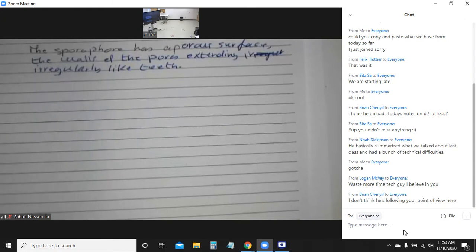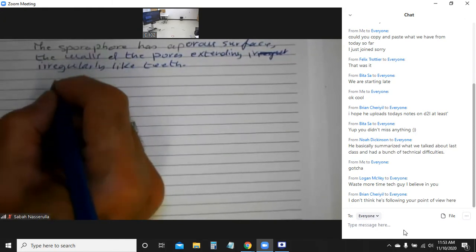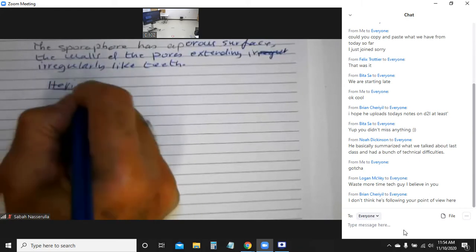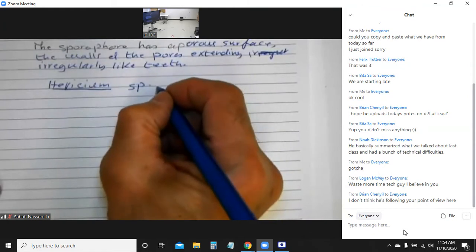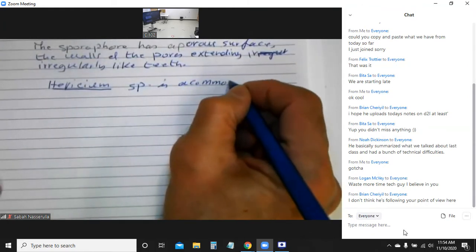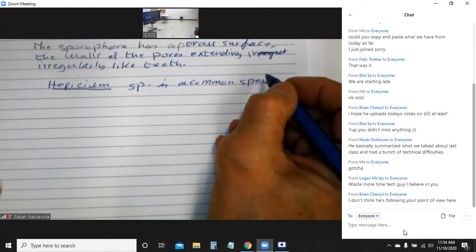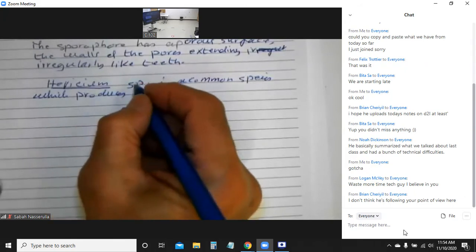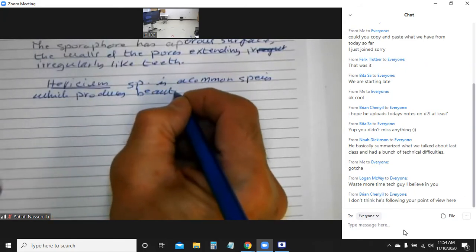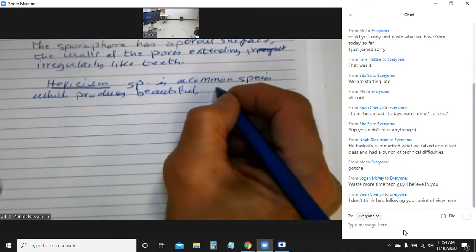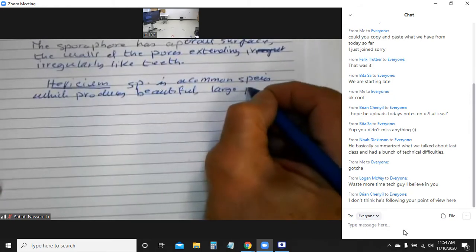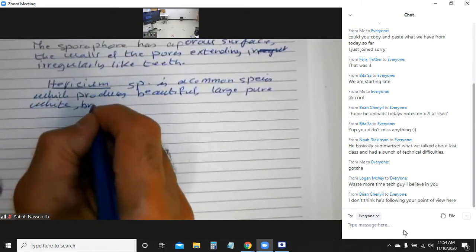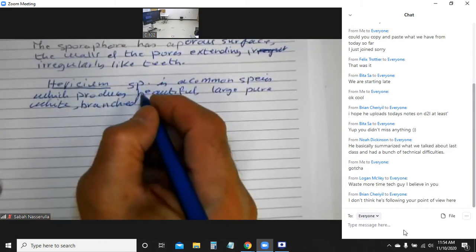Now this species, as mentioned to you, the Hericium species, is a common species which produces beautiful, large, pure white, branched fruiting bodies.